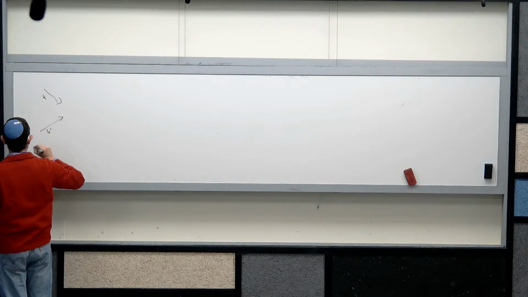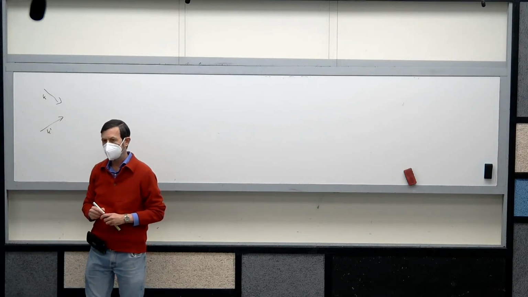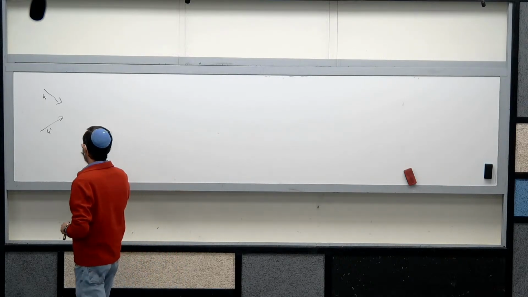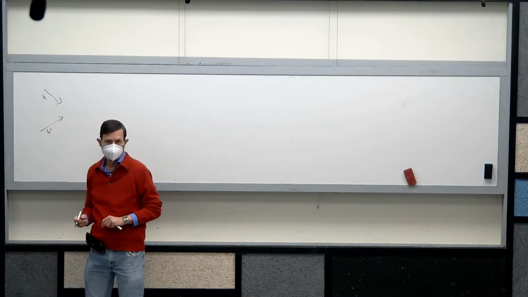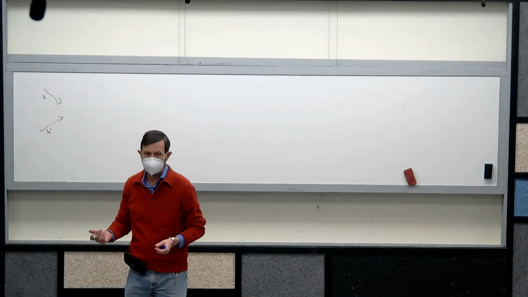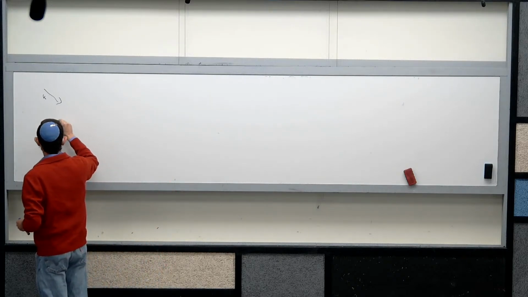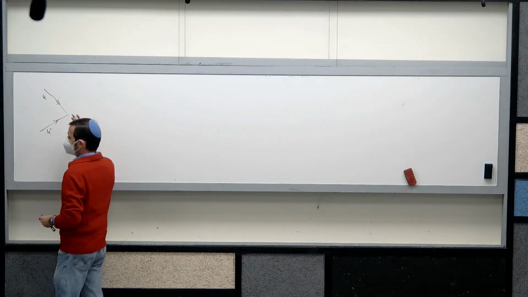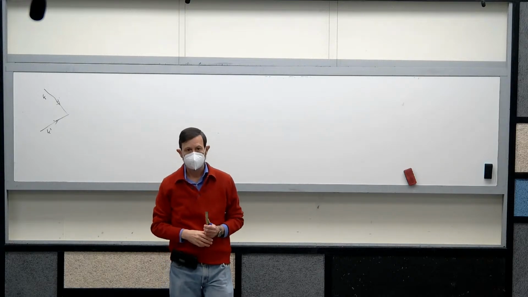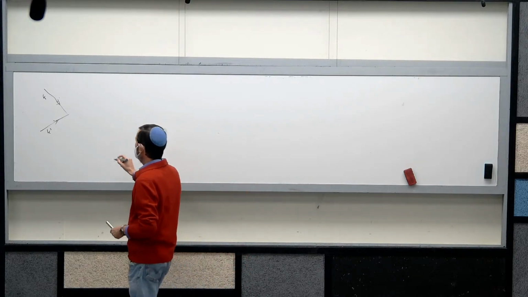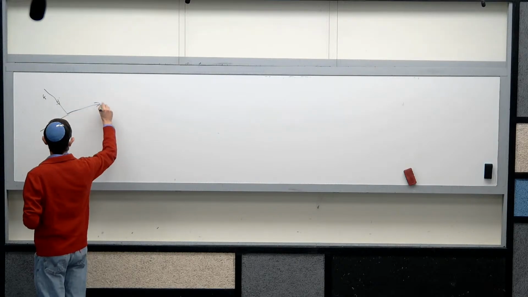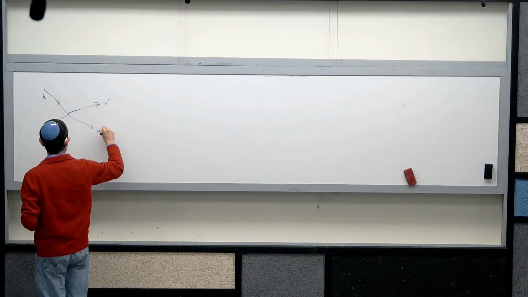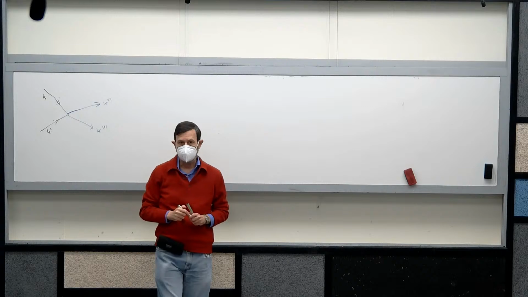One of them comes in at k, the other one comes in at k prime. Now, they interact, and it could be a point interaction, then I will just show it schematically. And they come out at k1 prime, k2 prime.